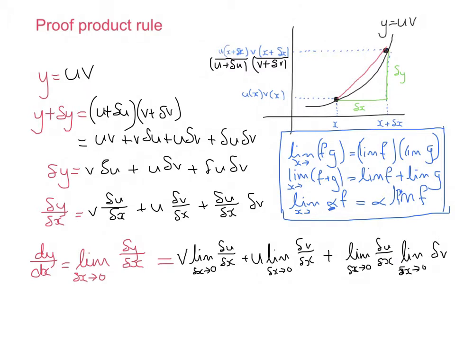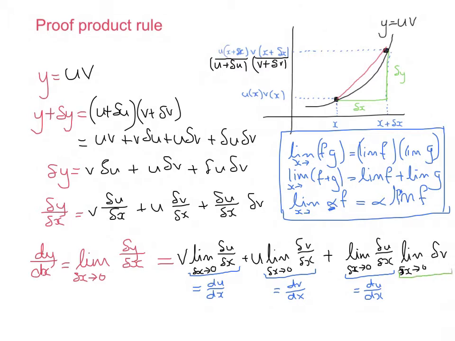Now some of this is really obvious. What bits are obvious? We've got an obvious bit here, this is by definition du by dx. We've got an obvious bit here, which is by definition dv by dx, and we've got an obvious bit here, which is by definition du by dx. And then we've got this weird bit at the end that we're going to have to think about a tiny bit.